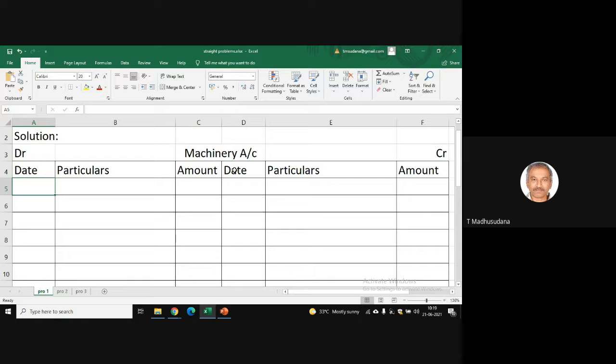In the first year, the machinery was purchased on April 1st, 2010, that is 1/4/2010.